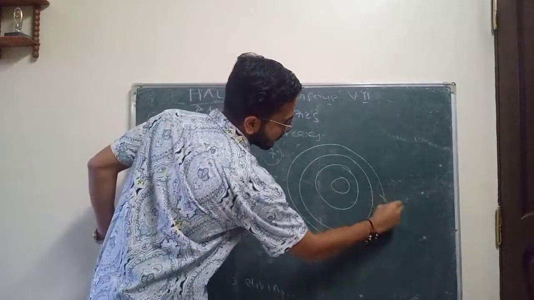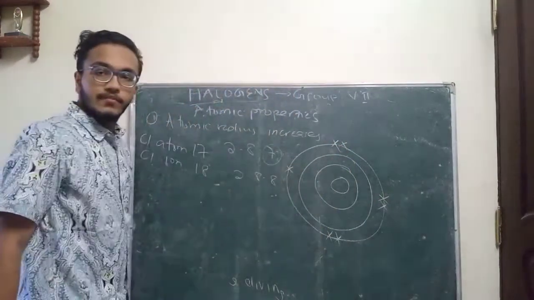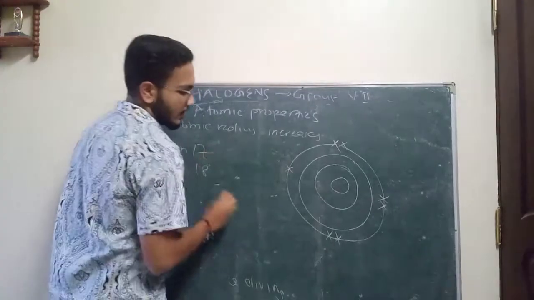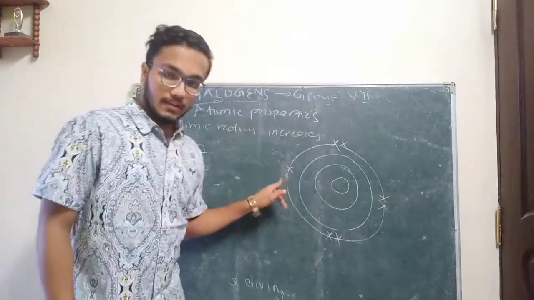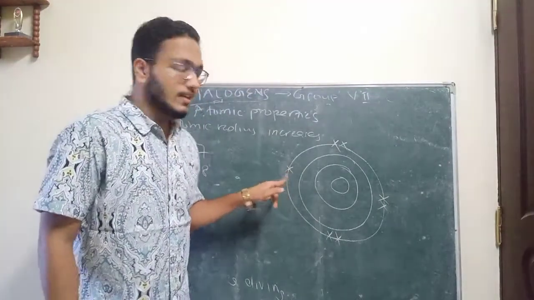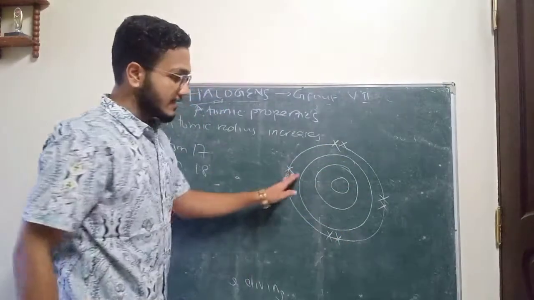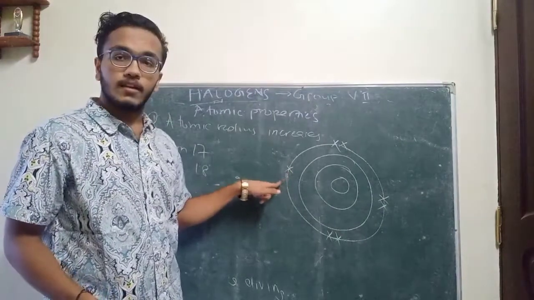We have 7 outermost electrons which are negatively charged. Now if this atom gains one electron, a dot here, this electron will be repelled. It is negatively charged, so it will be repelled by the existing electrons which are negatively charged. Hence, the ion will bulge out to accommodate the gained electron.